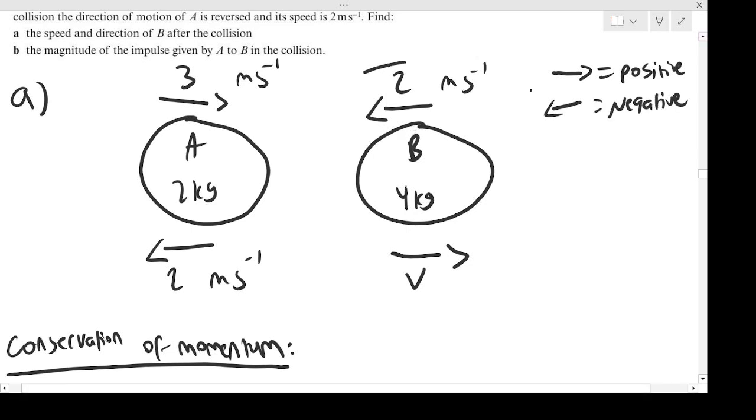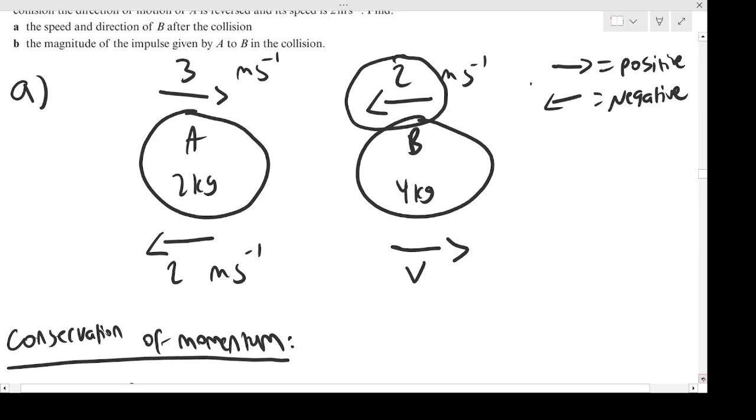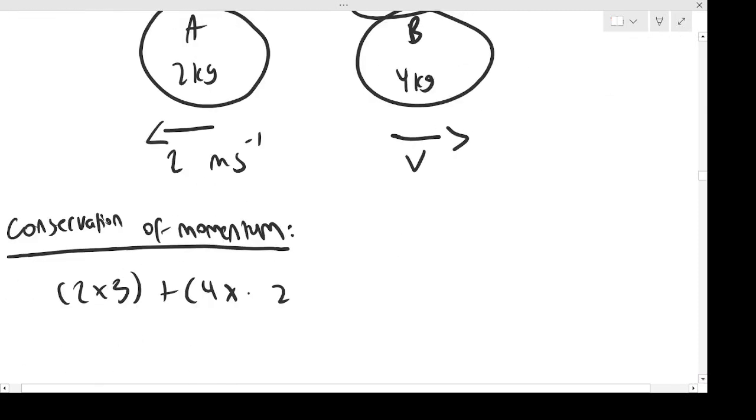But what you see is that this velocity is going backwards. It's in the negative direction. So actually, we're not going to do 2, we're going to do minus 2. So it's going to be times by minus 2 because the minus will account for the negative direction. That's very important, so we do need to pay attention to the direction and any negatives.